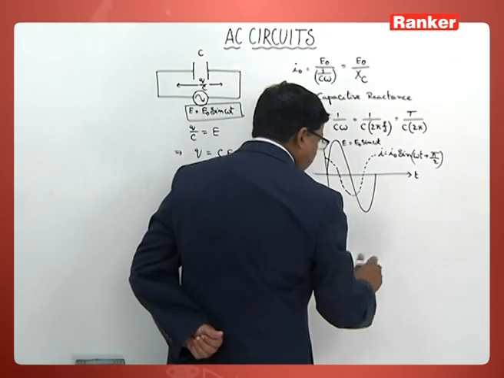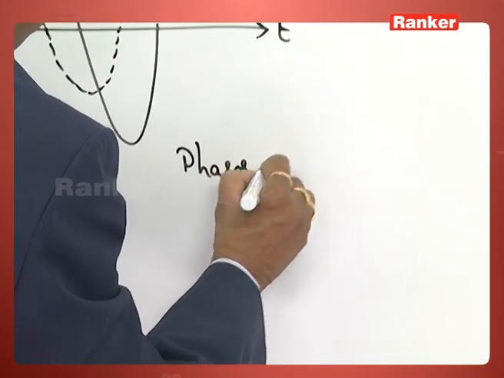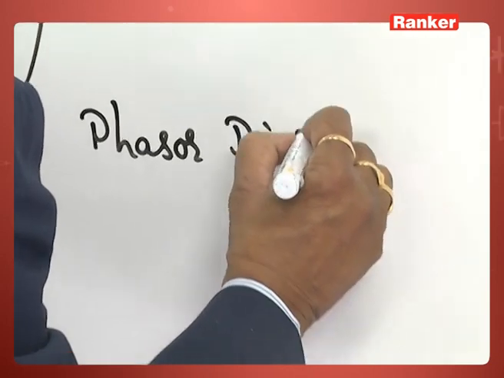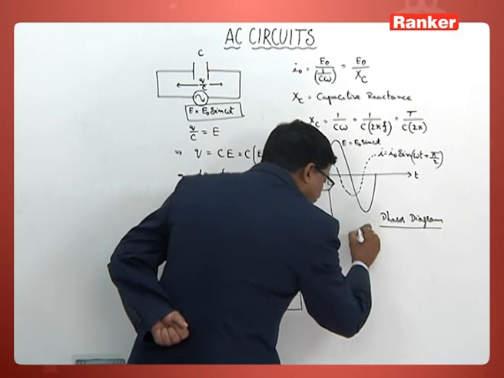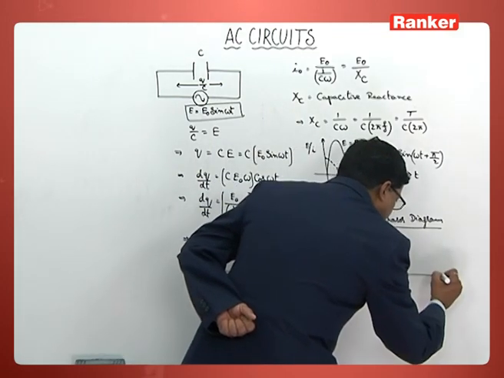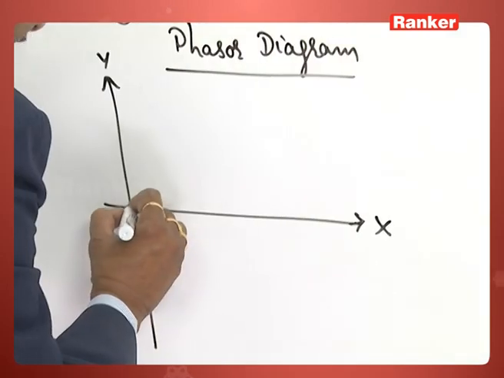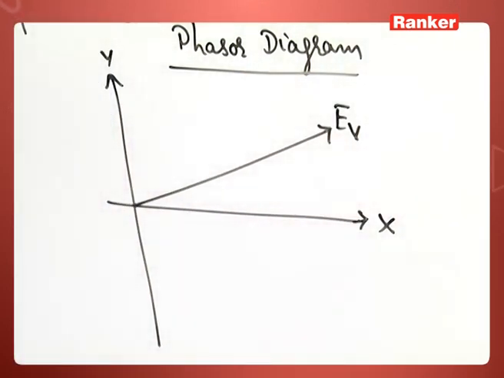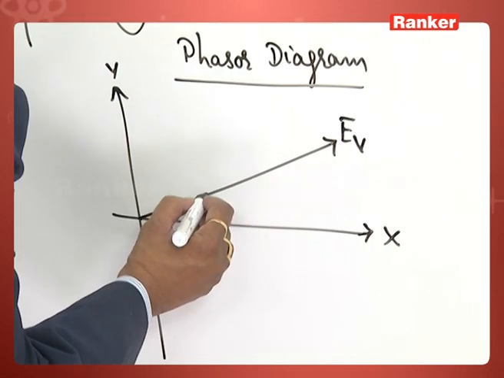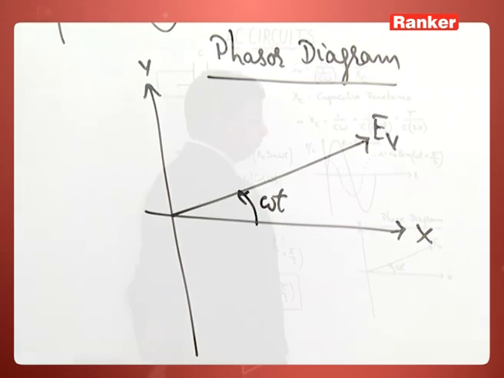Same if you consider in the case of phasor diagram. When we consider phasor diagram, this being x axis now, this being y axis now, this is the line representing the virtual value of EMF. This virtual value of EMF is at an angle say omega t with x axis.